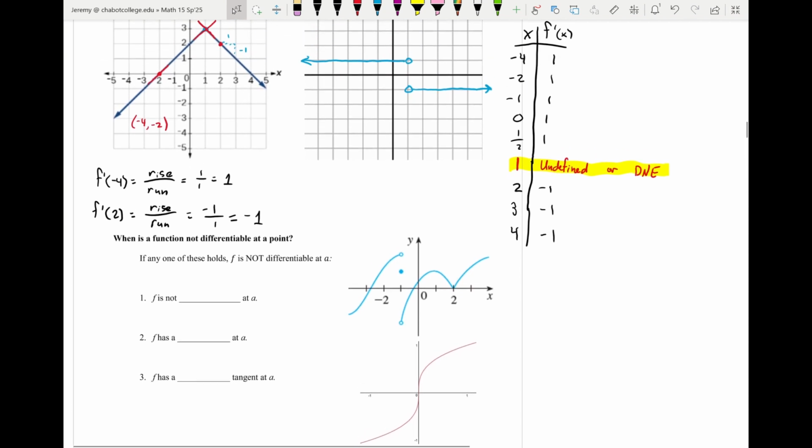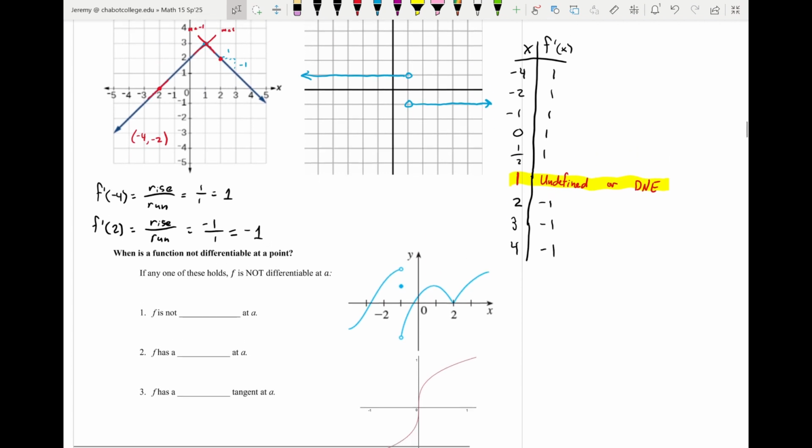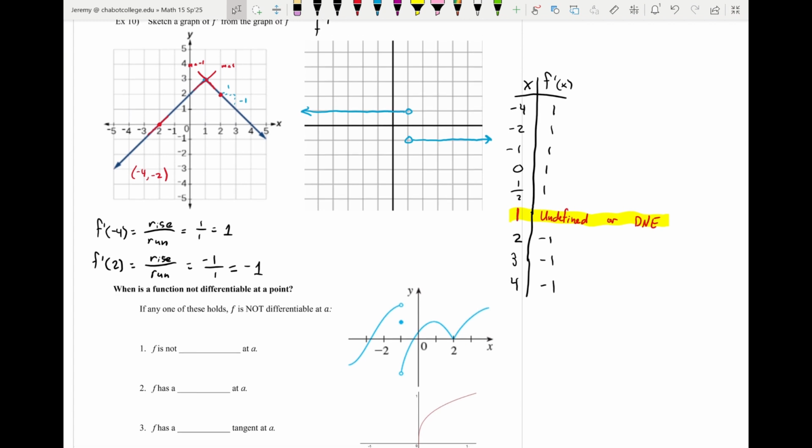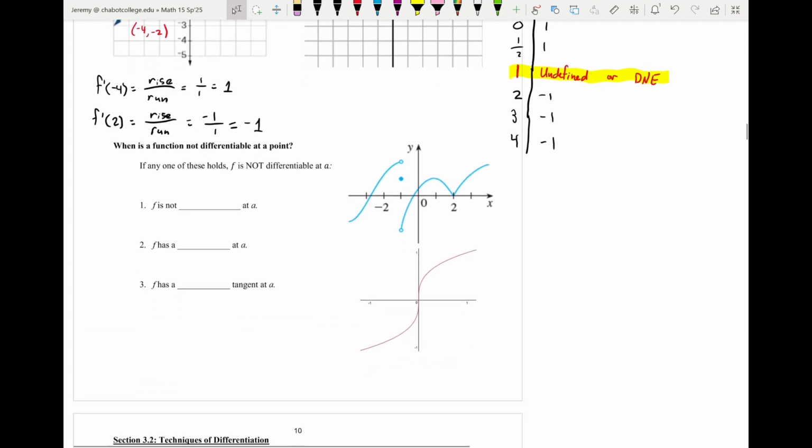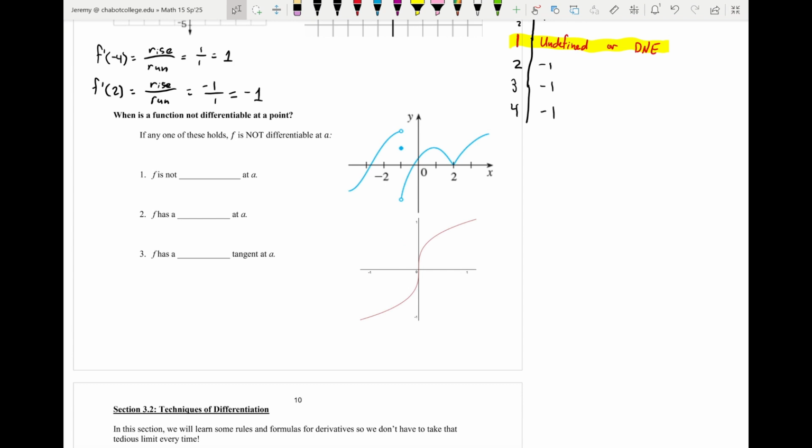Derivatives, sometimes they're not defined, obviously. That's what we learned in this last example. What are the particular scenarios where the derivative is not defined? That's what we're talking about here. If any one of these holds, f is not differentiable at a.